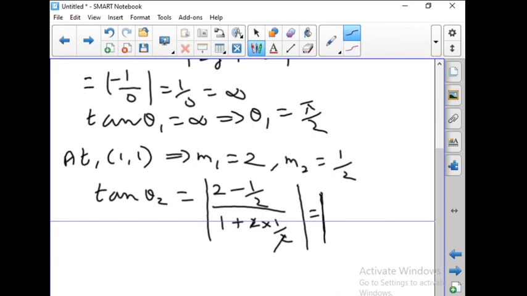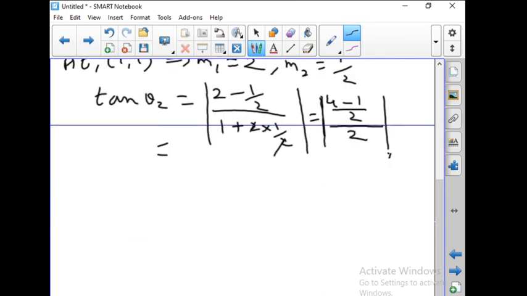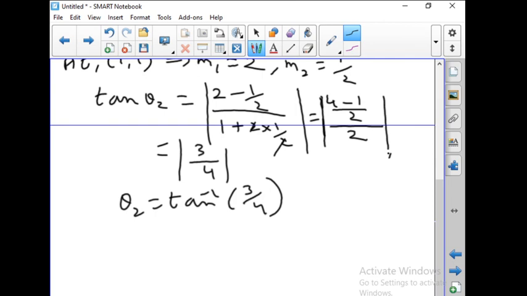Therefore we get (4 minus 1) by 2 by 2, which is equal to modulus of 3 by 4. So theta 2 is equal to tan inverse of 3 by 4.